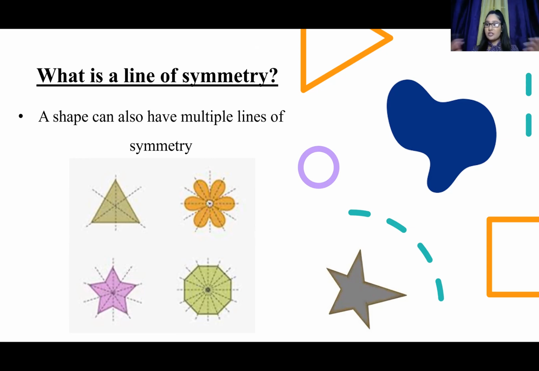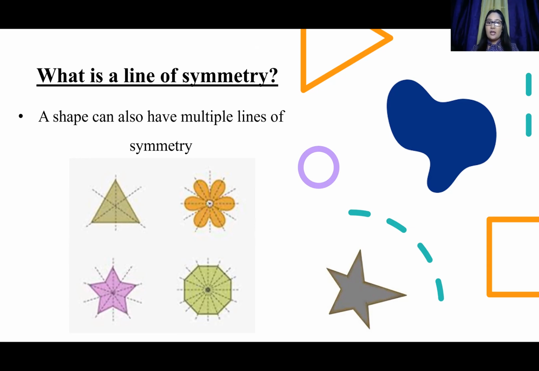So we're going to use flowers as well because flowers can be symmetrical and asymmetrical. This flower happens to be symmetrical and has multiple lines of symmetry. A shape that also has multiple lines of symmetry is a circle.